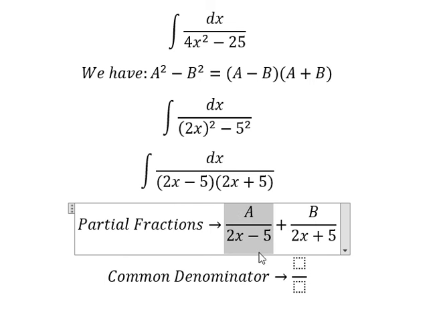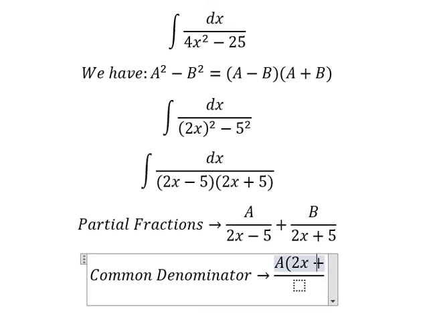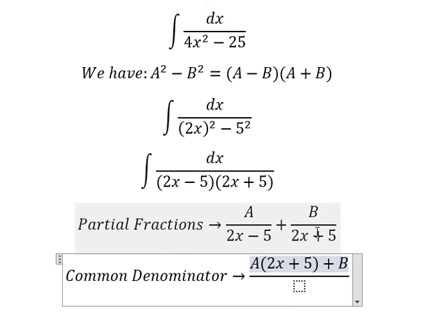So about this one, capital A multiplied by 2s plus 5, because this one is missing the 2s plus 5 factor in here. About this one, capital B multiplied by 2s minus 5.